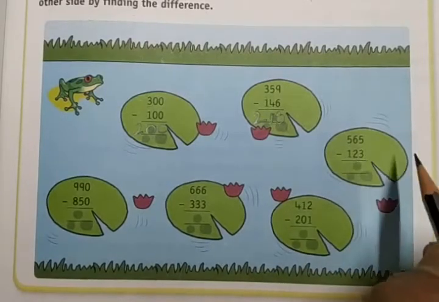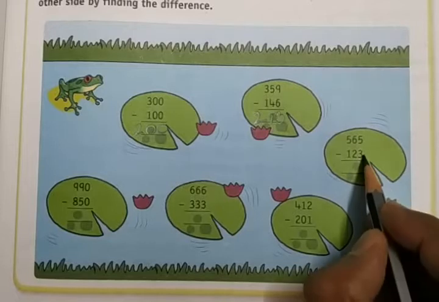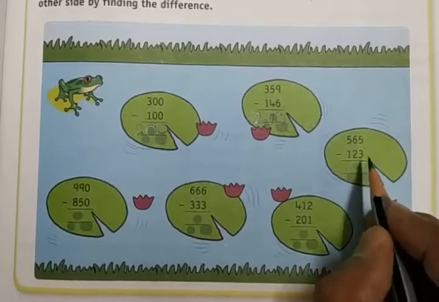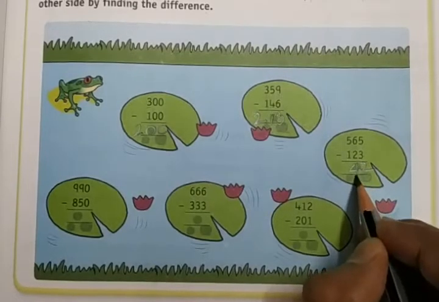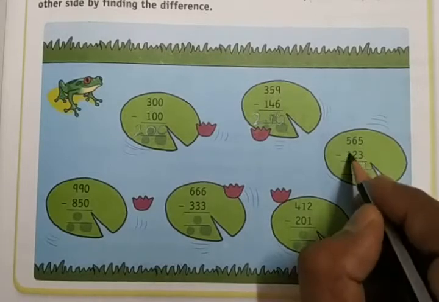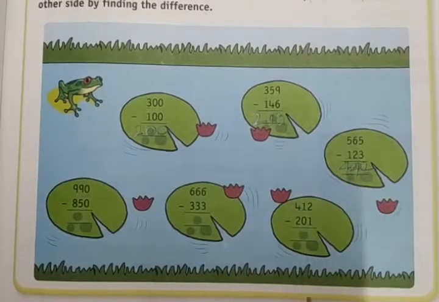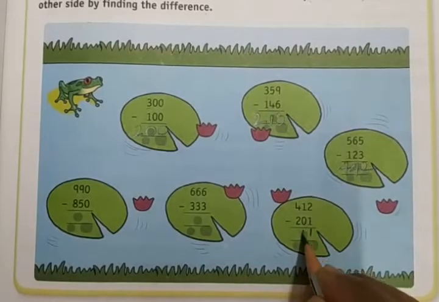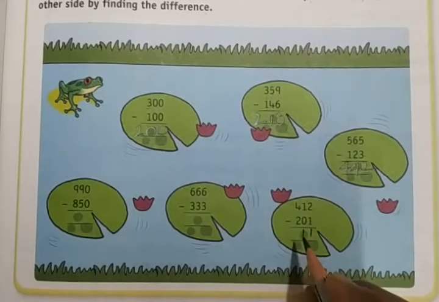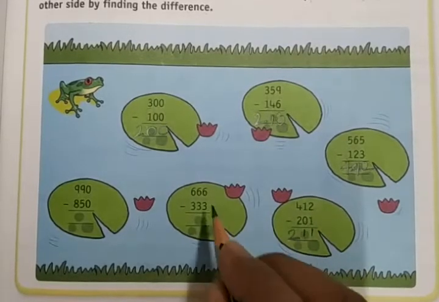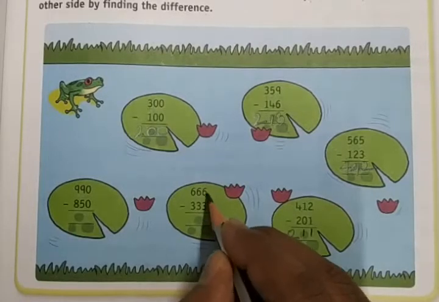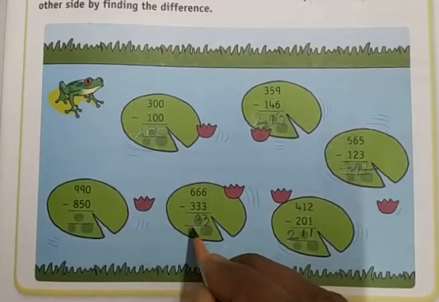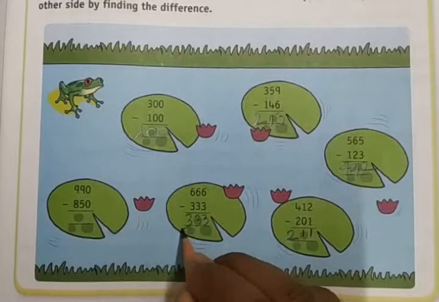And again, 5 minus 3 is 2. 6 minus 2 is 4. 5 minus 1 is 4. 2 minus 1 is 1. 1 minus 0 is 1. 4 minus 2 is 2. 6 minus 3 is 3. 6 minus 3 is 3. 6 minus 3 is again 3.